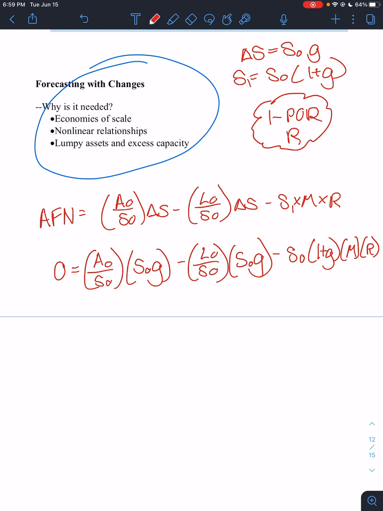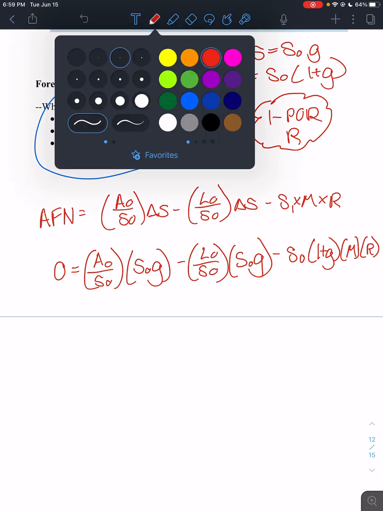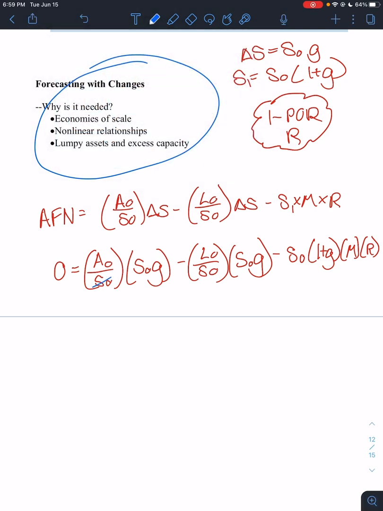But before I do that, I'm going to do some cancellation. I have an S0 and an S0, so those go away. So now I have A0 g minus L0 g minus S0 times 1 plus g times M times R.